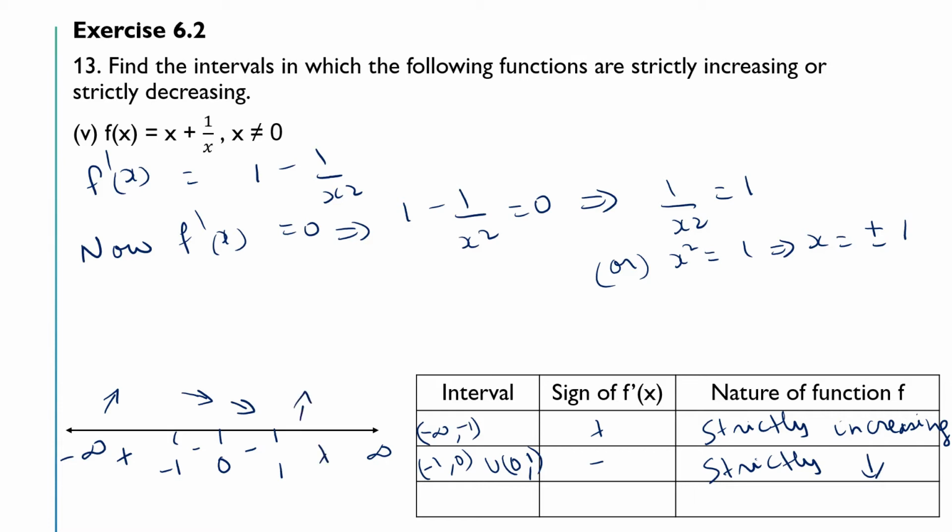So here it is union 1 comma infinity. So in the interval minus infinity comma minus 1 union 1 comma infinity, the function f is strictly increasing, and in the interval minus 1 comma 0 union 0 comma 1, the function f is strictly decreasing.